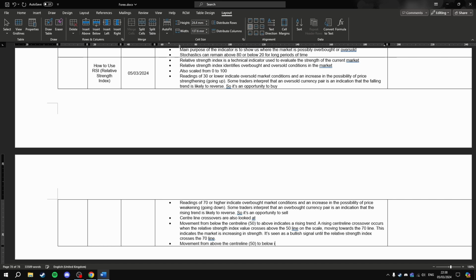to below indicates, what's the opposite? Falling trend.